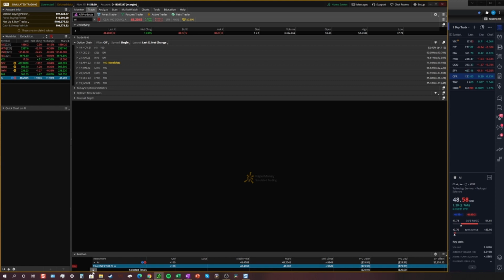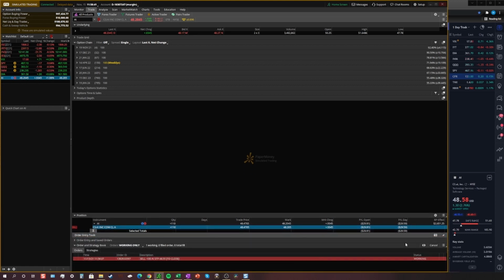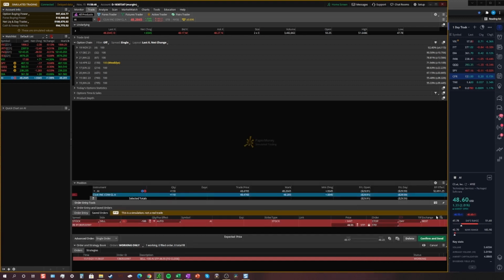It's right below. It's at 48.55, but we're trying to execute more on this side of the price range of the bid-ask spread.